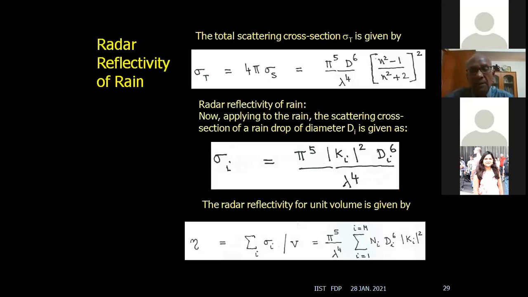So this is the scattering cross section per unit volume, and there are a number of raindrops.